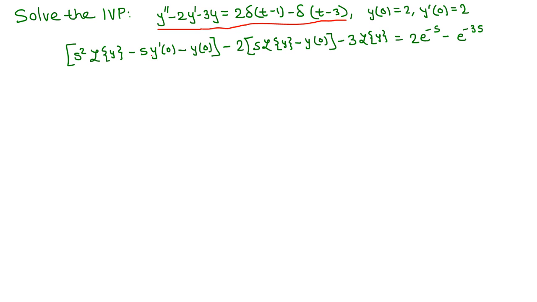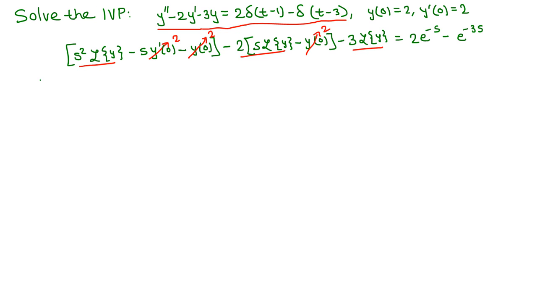Now we're going to plug in the values of y(0) and y'(0), the initial conditions. y(0) is 2, so this value is 2. y'(0) is also 2. And we factor L(y) from these three terms.